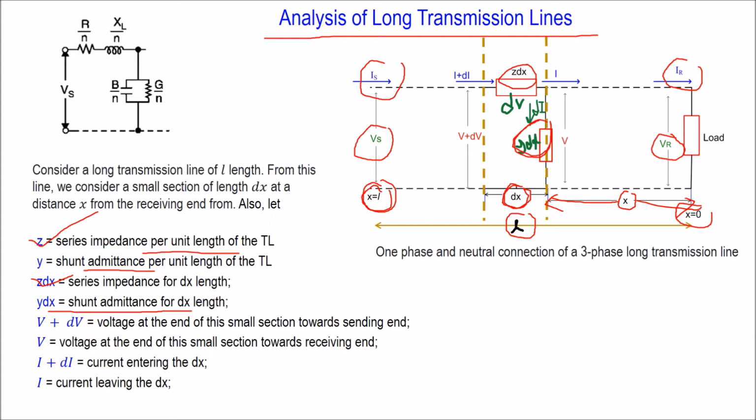Also, we consider V plus dV is the voltage at the end of this small portion towards the sending end, right? And V is the voltage at the end of this small section towards the receiving end, right? We consider I plus dI current is entering into this dx section and I current is leaving from this dx section, right?